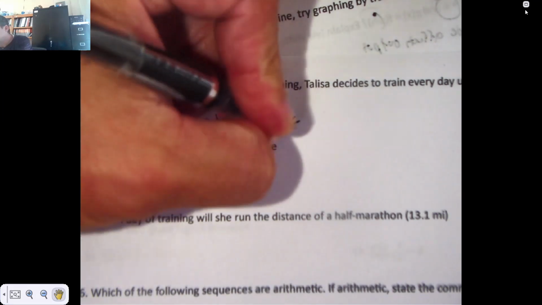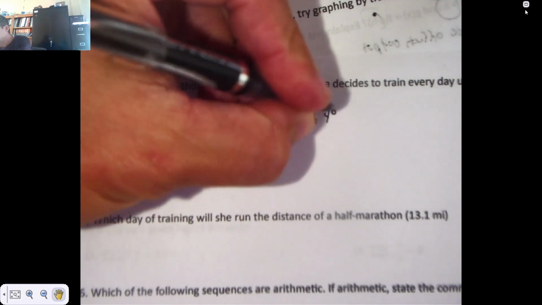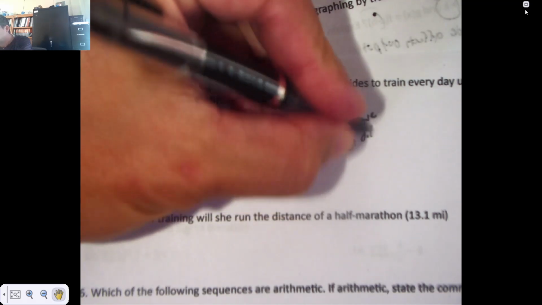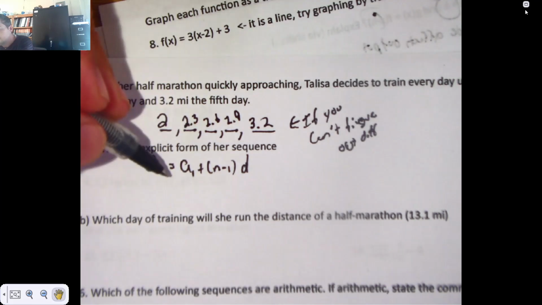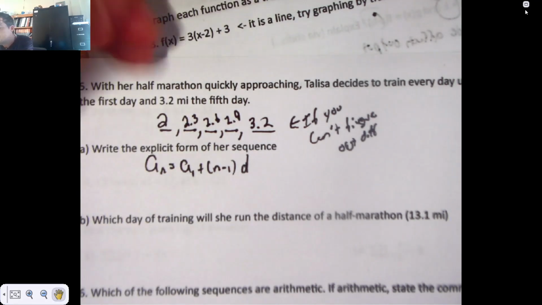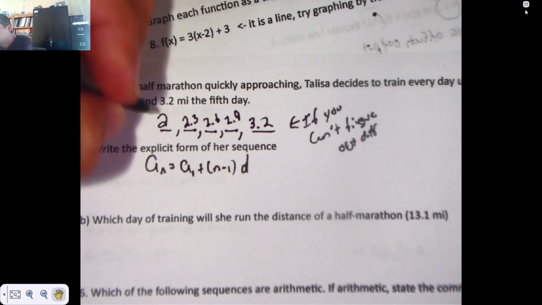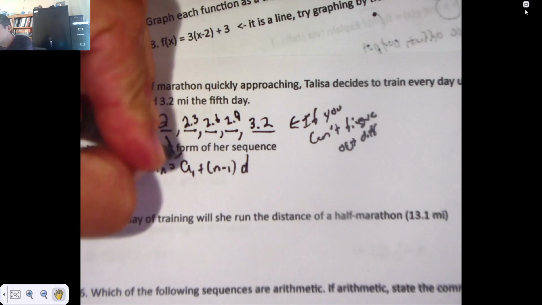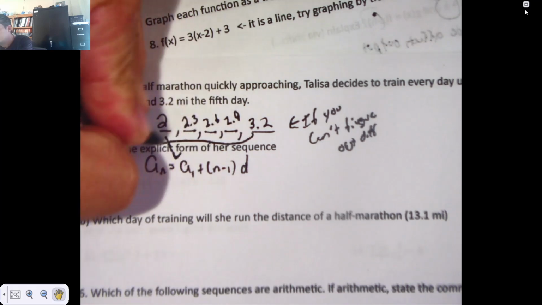So if you can't look at the sequence and figure it out, you have to use this formula. If you can't write it out and figure out what the difference is, here's how you find it. You plug stuff in. You happen to have a sub 1 and you happen to have the last term.